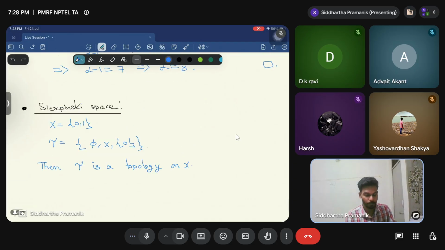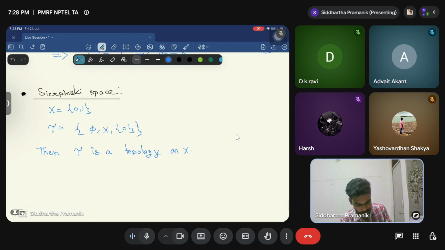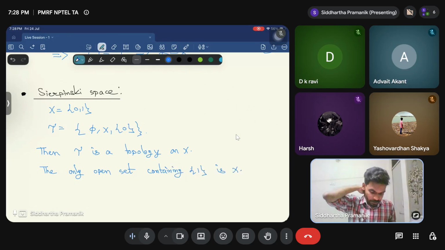Maybe I will come back later when we define continuous functions. But you can see that the only open set, open set meaning elements of the topology, containing 1 is the whole set X.